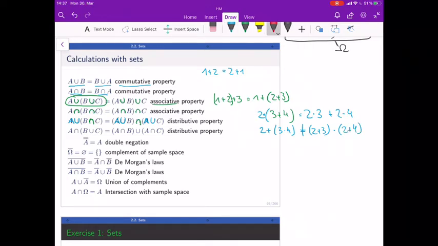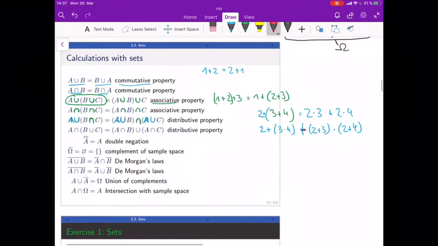So this is just wrong. But with union and intersections, we're allowed to do exactly that. So we can do it exactly in the symmetrical case, just the other way around.